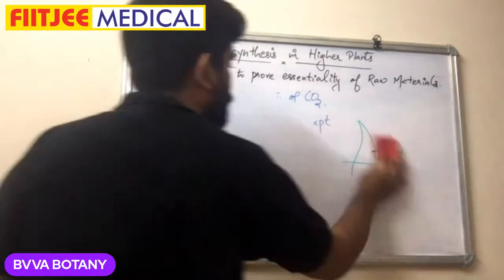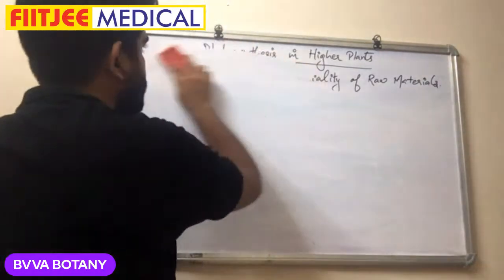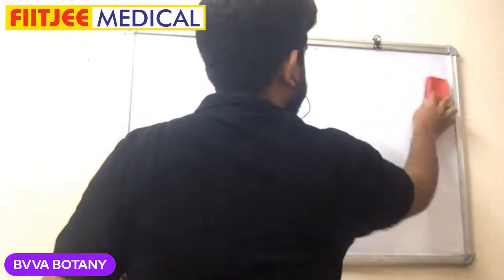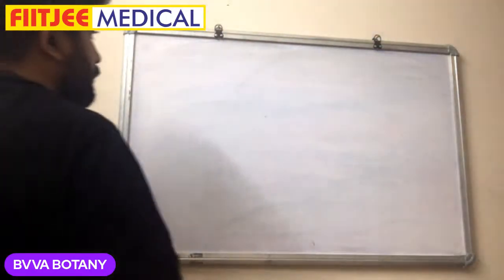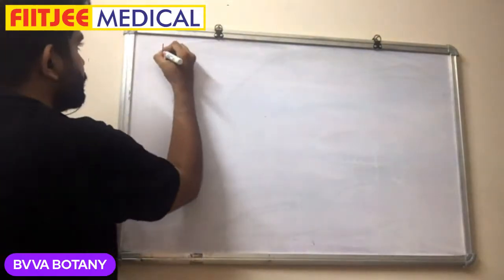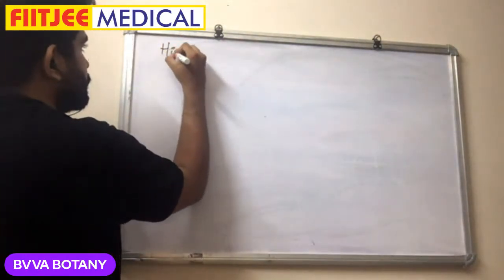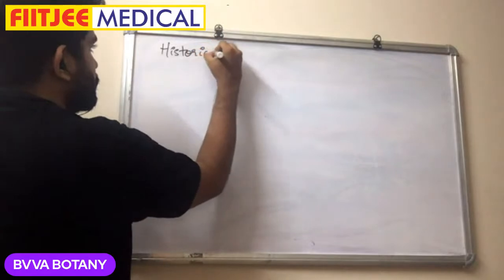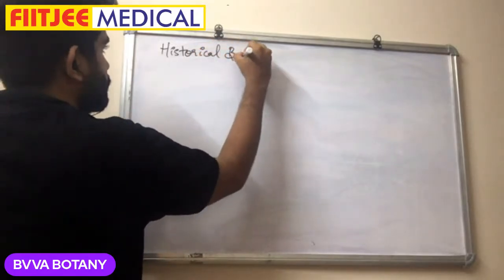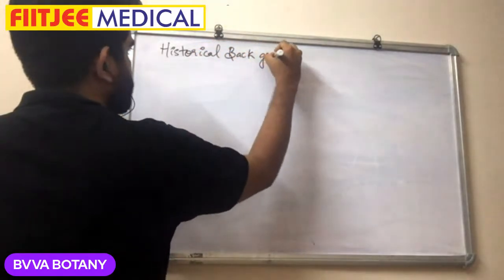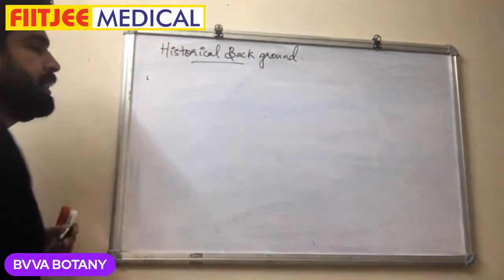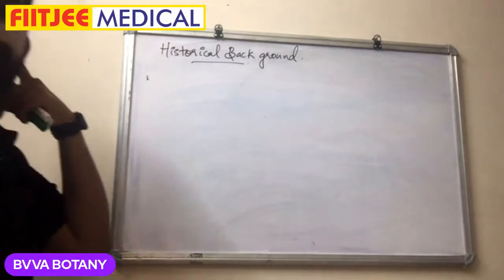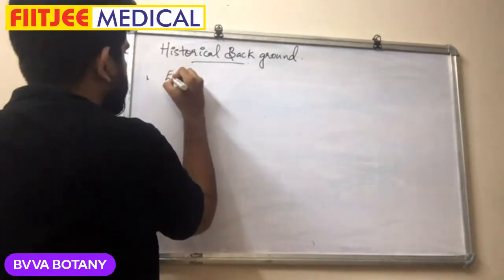Now we'll move on to the historical background of photosynthesis. The first one is the experiment of Joseph Priestley.